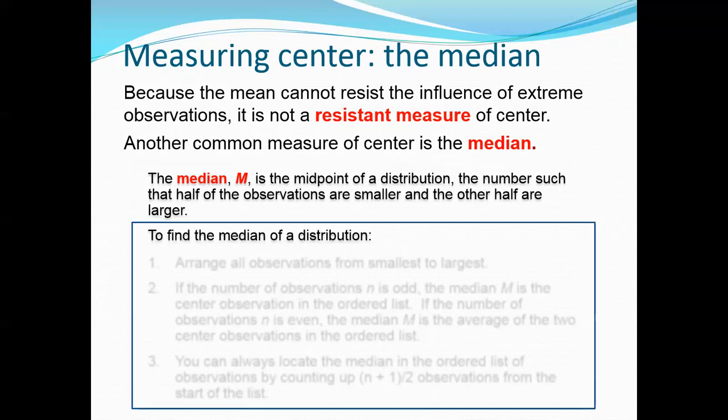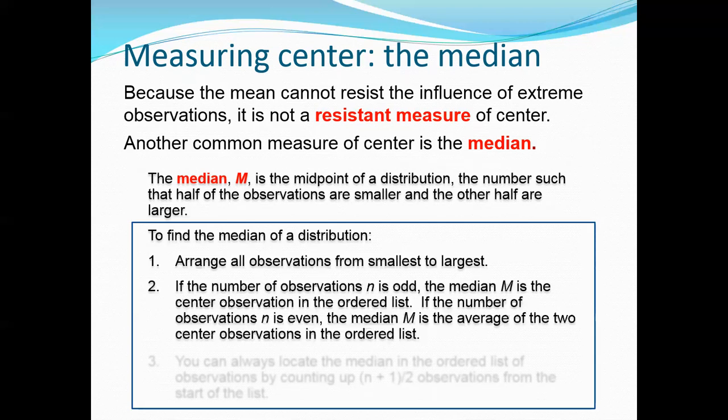To find the median of a distribution, arrange all observations from smallest to largest. If the number of observations n is odd, the median M is the center observation in the ordered list.